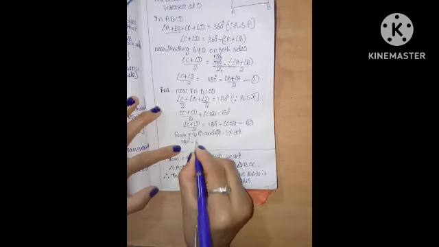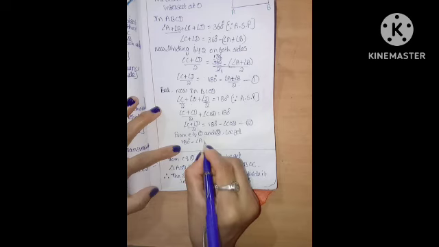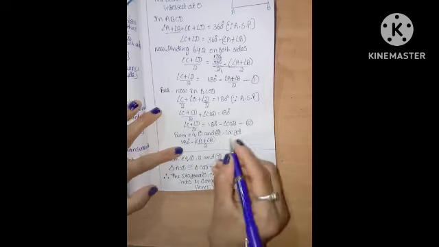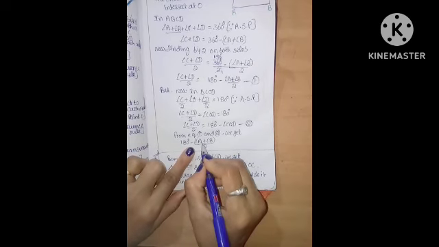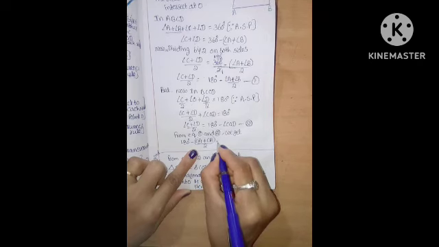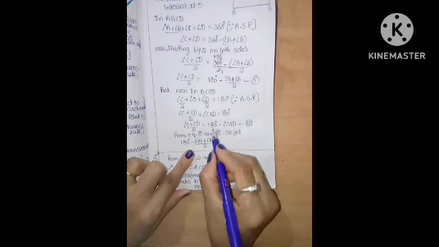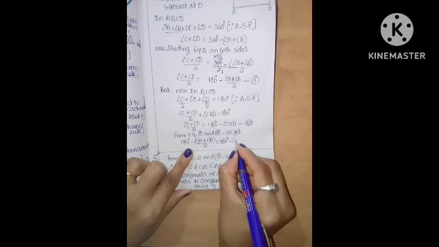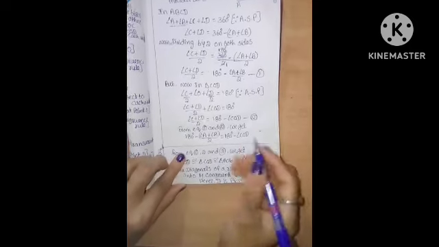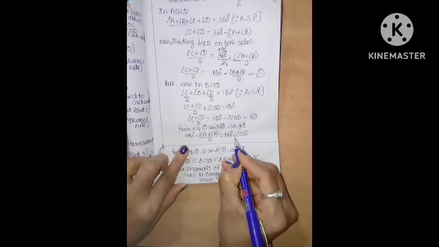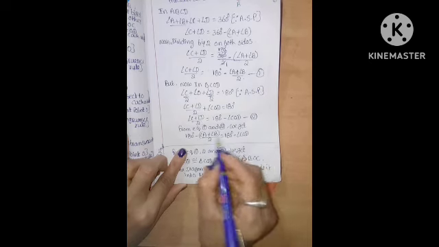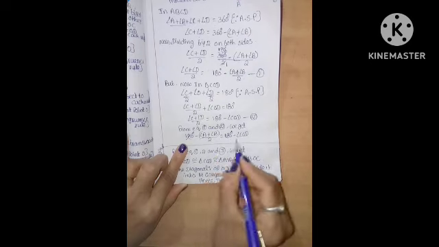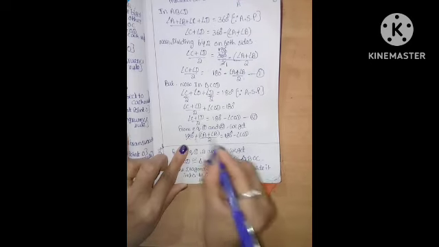So from equation number 1, 180 degrees minus angle of A plus angle of B by 2 is equal to the RHS part of equation number 2. This is equation number 1 and this is equation number 2, so both are equal. The 180 degrees cancels on both sides, and the minus terms cancel on both sides.